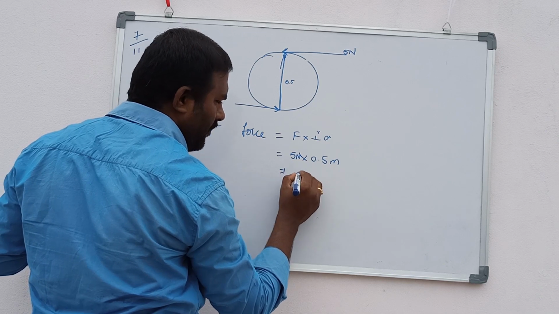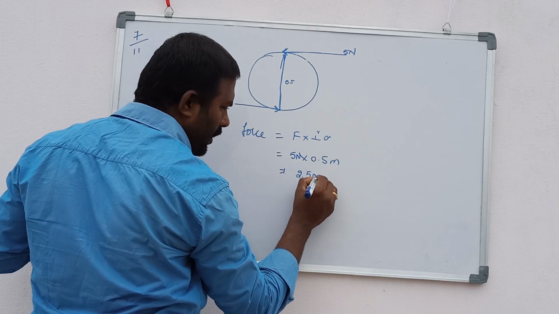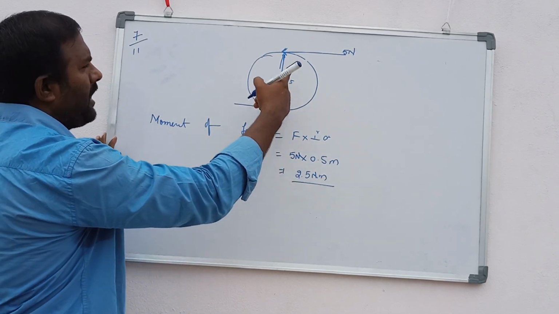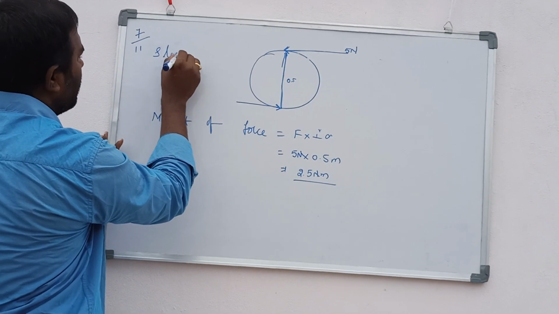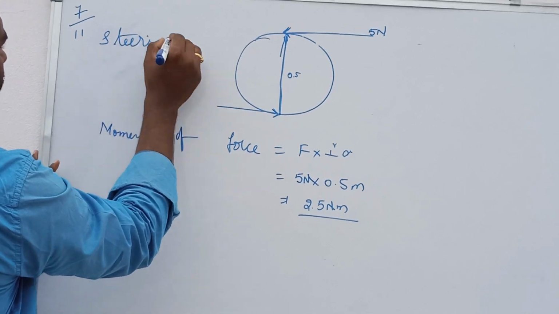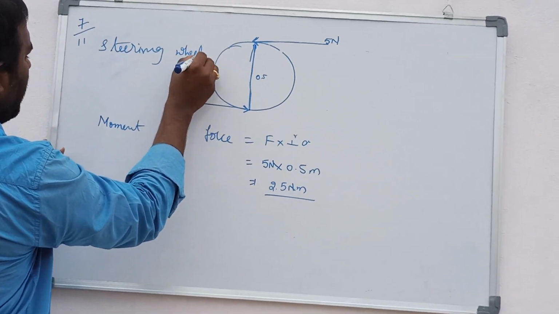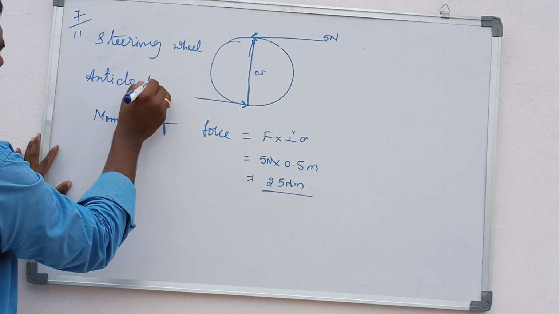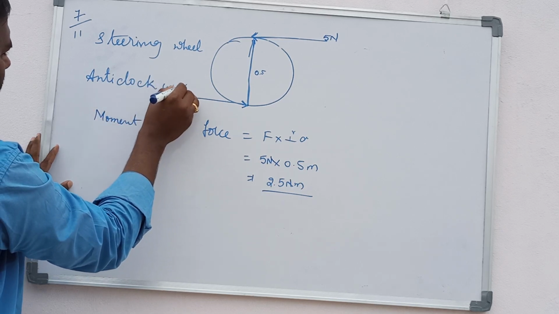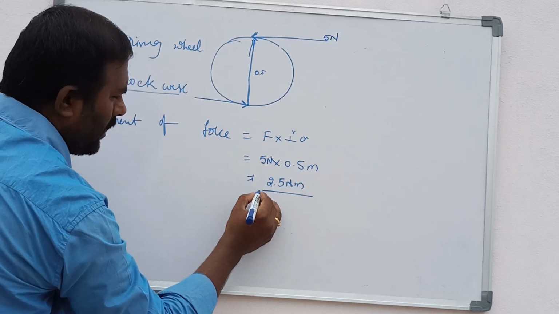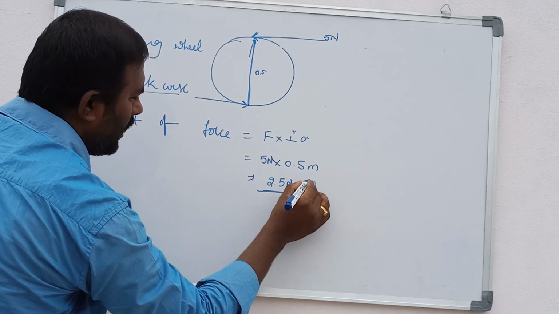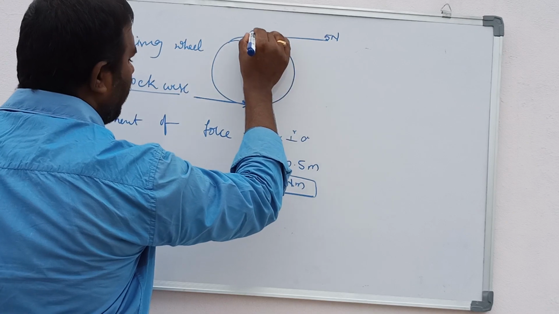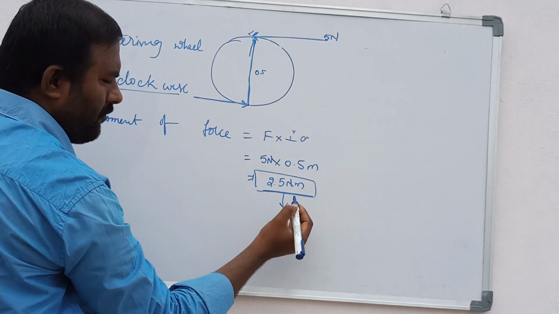Therefore 5 into 0.5 is 2.5 Newton meters, the moment of force applied on the steering wheel so that it is rotating in anti-clockwise direction, by applying 2.5 Newton meters in this direction or in this direction.